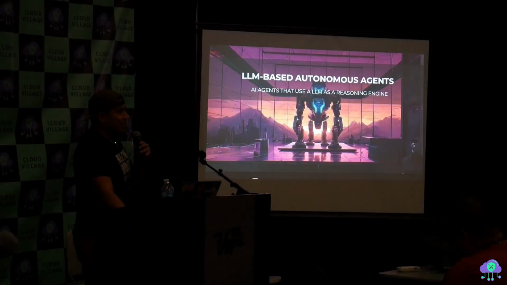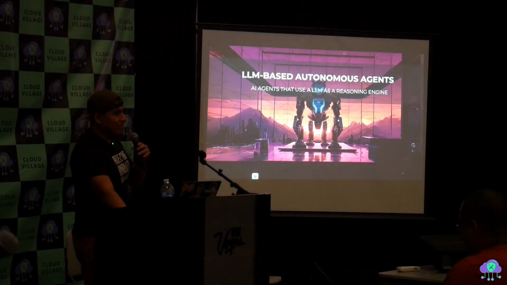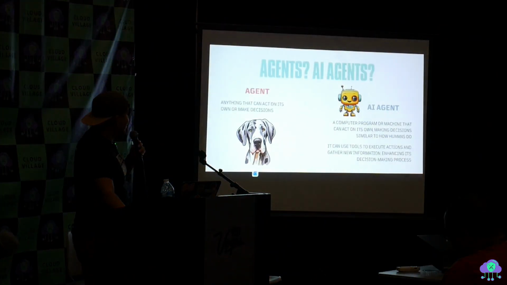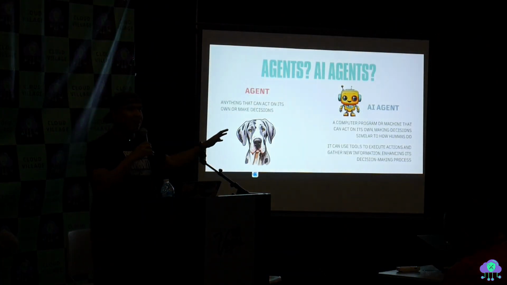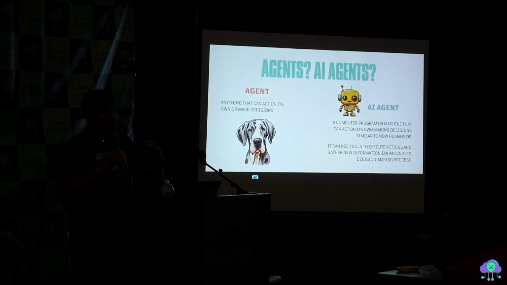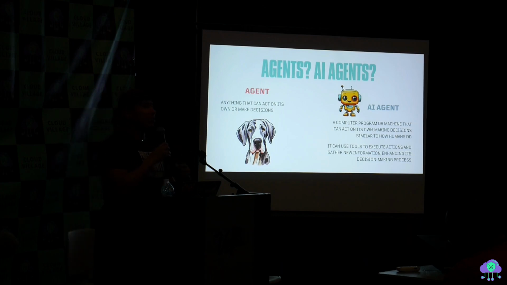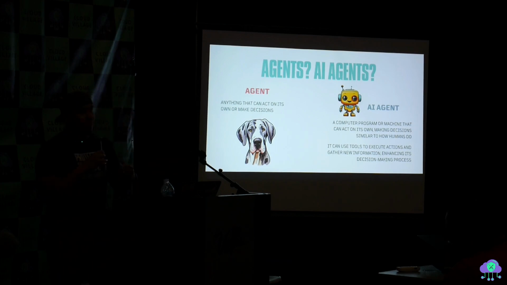So now we get into the concept of LLM-based autonomous agents. Think about an agent as anything that can act on its own. And when it comes to an AI agent, it is an artificial intelligence.